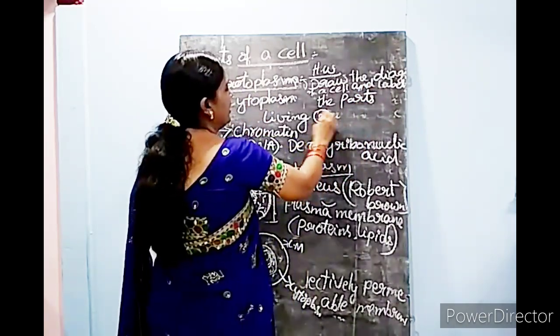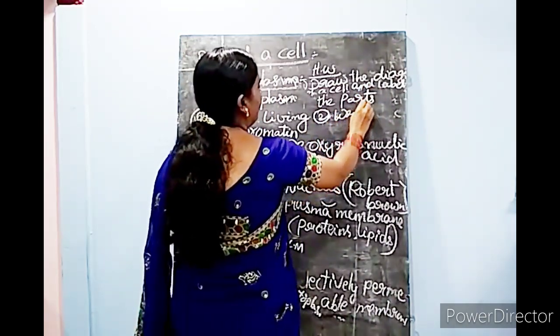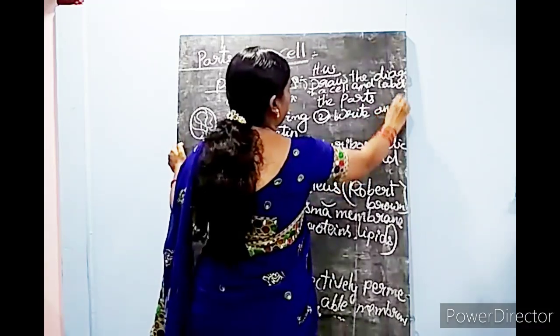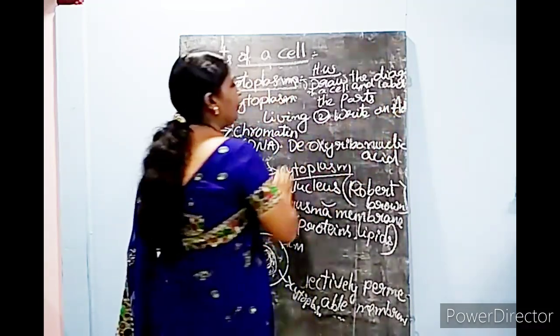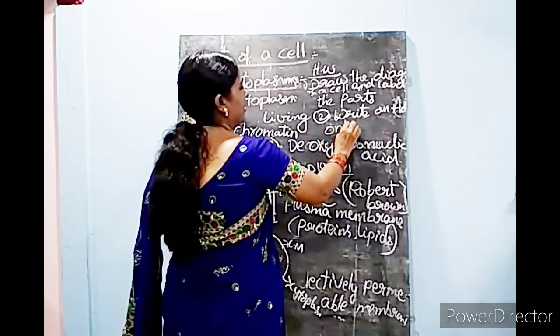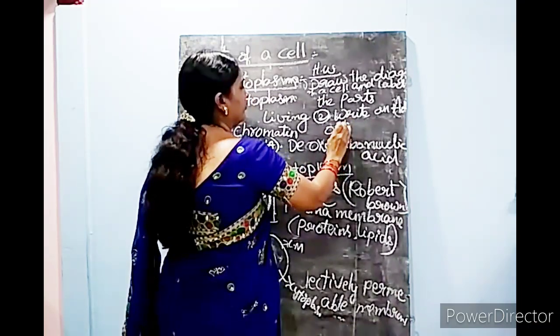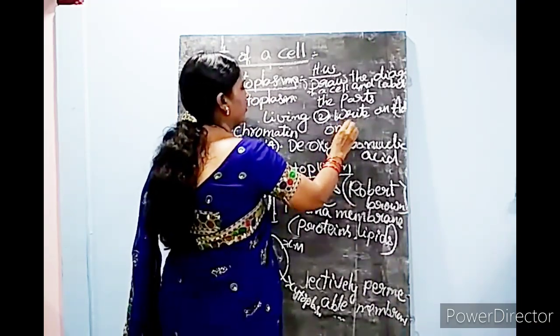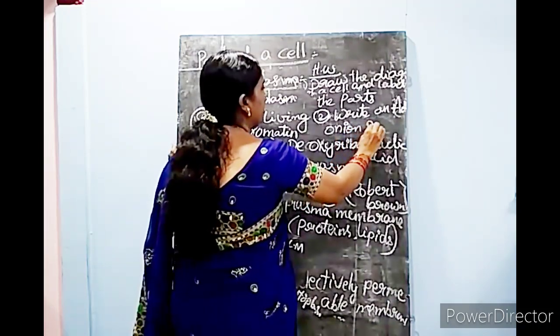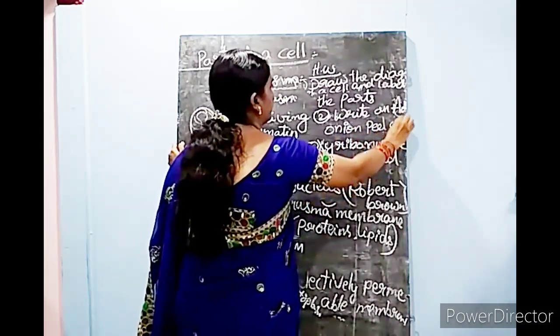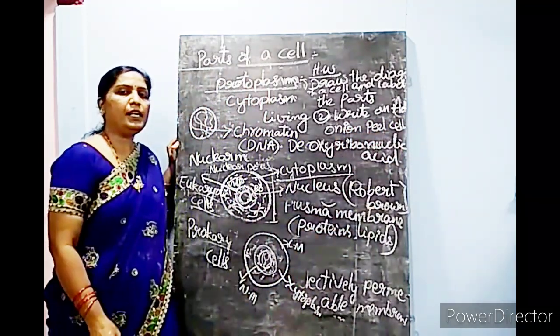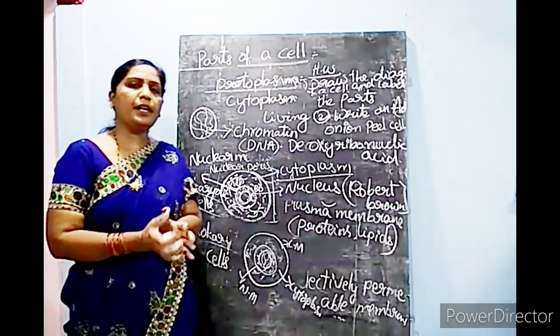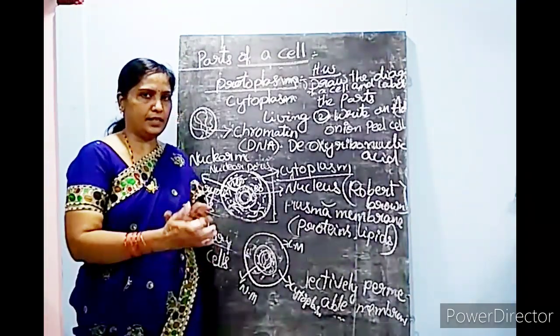The second one is to write an activity to prepare onion peel cell slides.